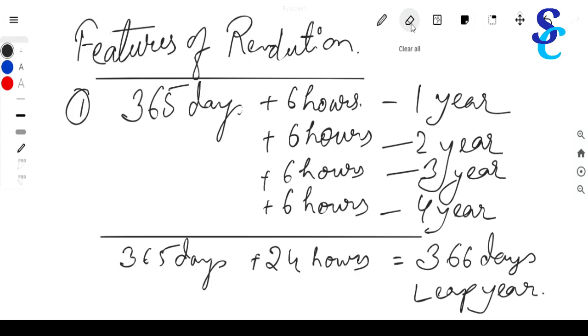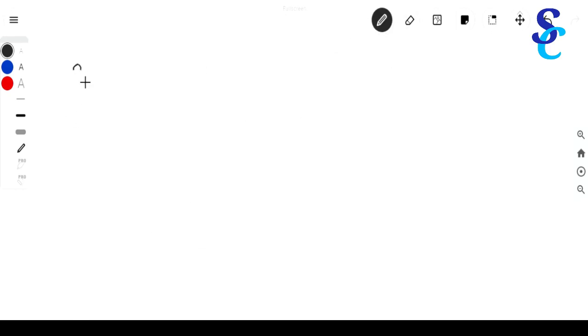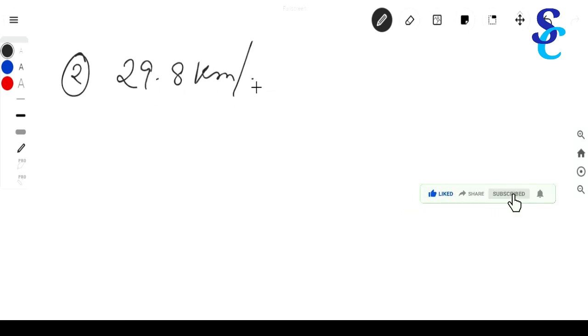The second feature of revolution is the speed. You will be surprised to know that the earth revolves around the sun at a speed of 29.8 kilometers per second. Yes, you have heard it right.